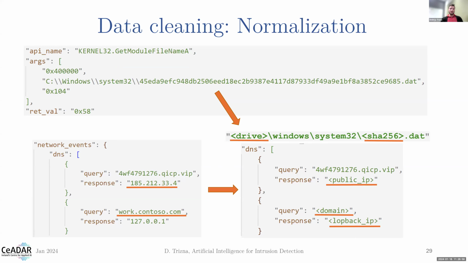Next bullet point here is that during the cleaning stage, we need to normalize data. And by normalization I mean manually replacing some of the common patterns with placeholders. For example, the hash is completely arbitrary. It's like a cryptographic function, which with a difference in a single byte will produce a totally different value.